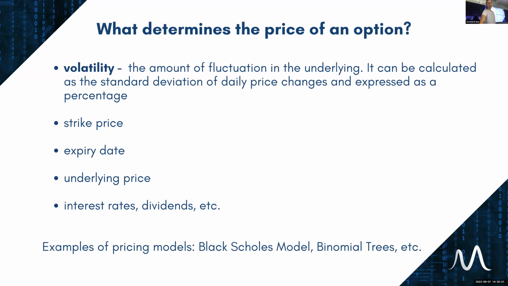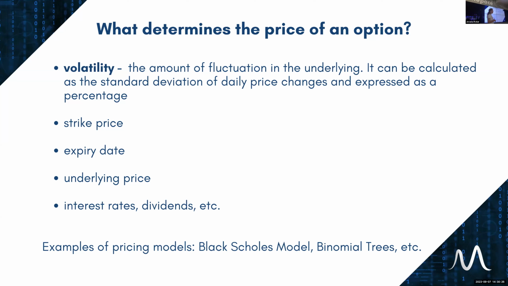Okay, so how are options priced? A main factor is the volatility of the underlying. The key concept behind buying an option in many cases is that you want the underlying to move so that it lands more in the money than what it initially was, so that your payoff is higher.